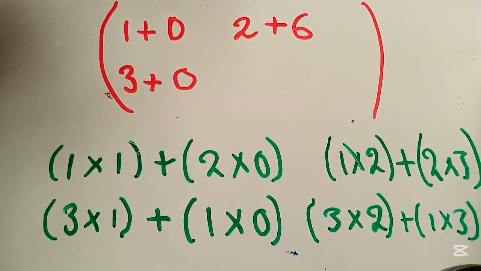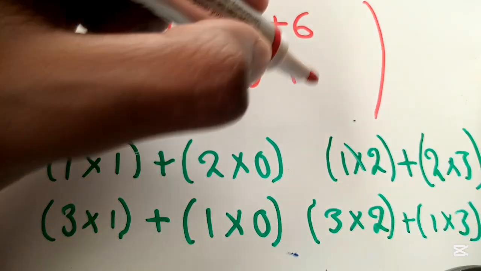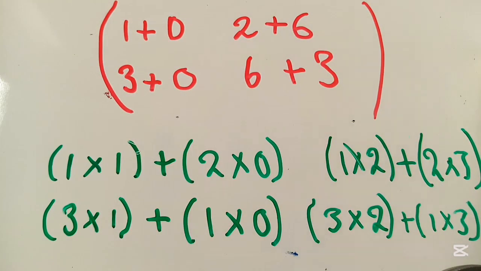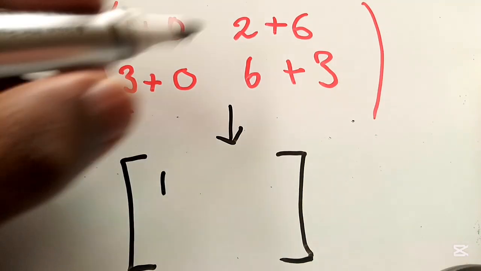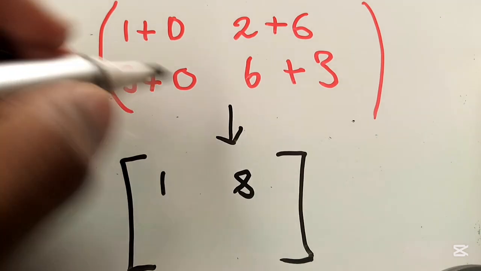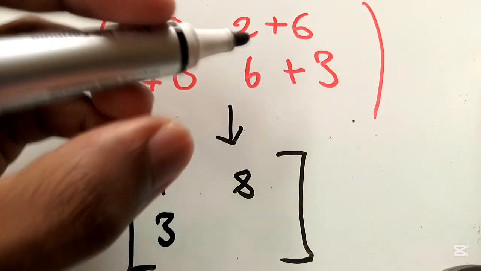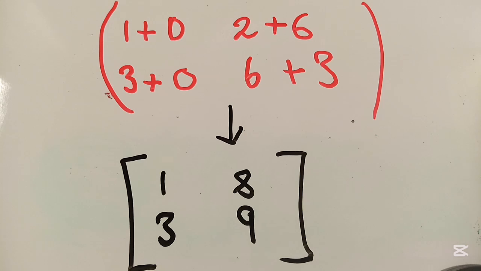There it would be 3 times 2, which is 6, plus 1 times 3, which is 3. You just simply add the numbers. So this would be 1. 6 plus 2 is 8. 3 plus 0 is 3. And 6 plus 3 is 9. Therefore, that is your multiplied matrix.